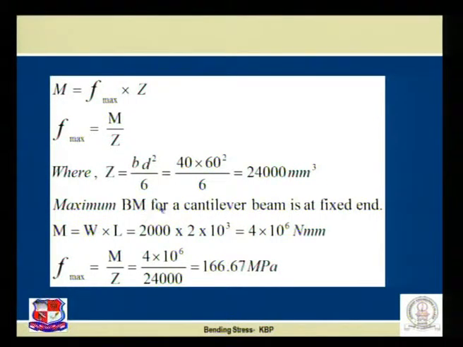Maximum bending moment for a cantilever beam is at the fixed end, so M is equal to W multiplied by L, and we got the value in Newton mm. By putting the values of M and Z, we got F equal to 166.67 megapascal, which is the same as Newton per mm square.